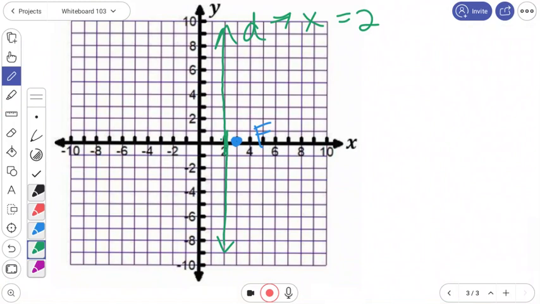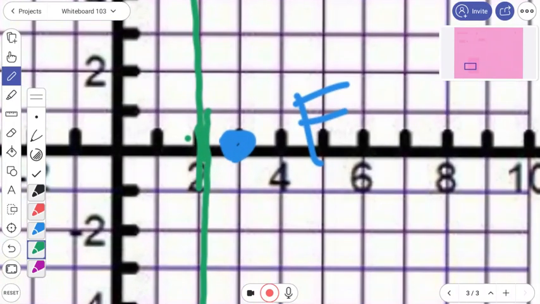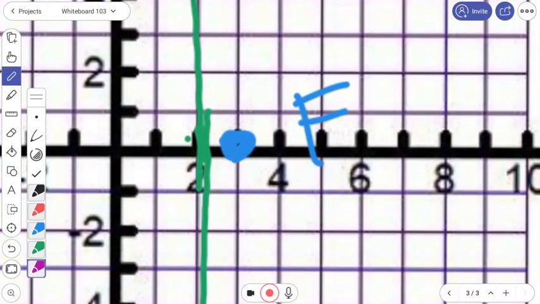So our focus and our directrix are given, but we need to figure out where our vertex is located. Our vertex is always halfway in between our focus and our directrix. So it's a tight squeeze here, but we are going to plot our vertex right here in between our directrix and our focus. So as an ordered pair, that point is (2.5, 0).